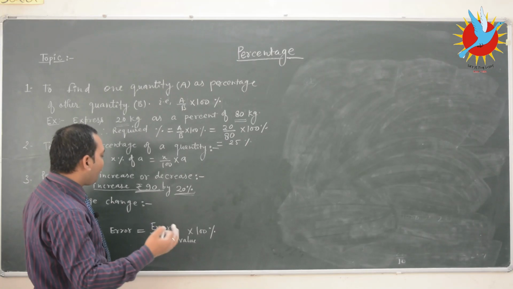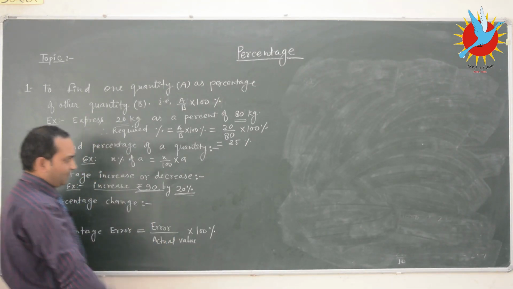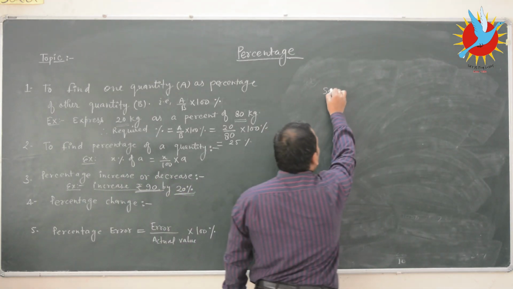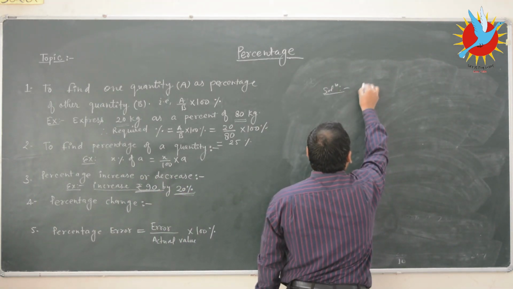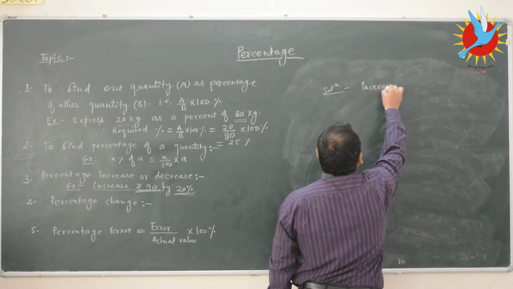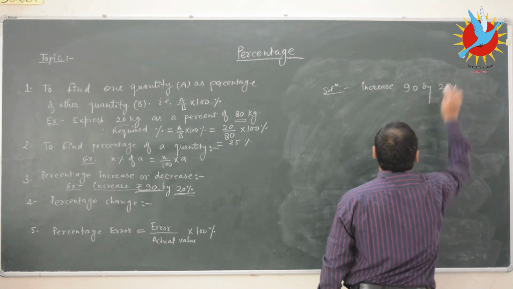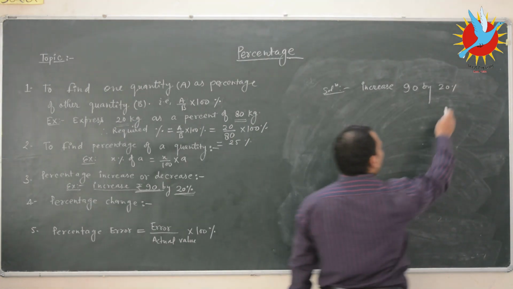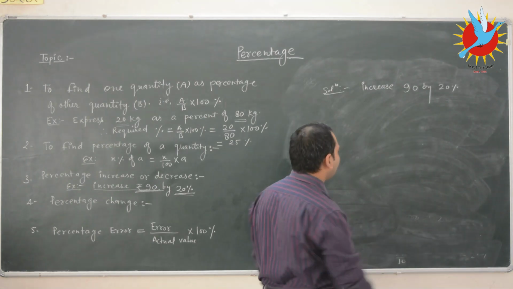So what is the required amount? The question is increase 90 by 20%. It means how much increase? First we find how much increase.